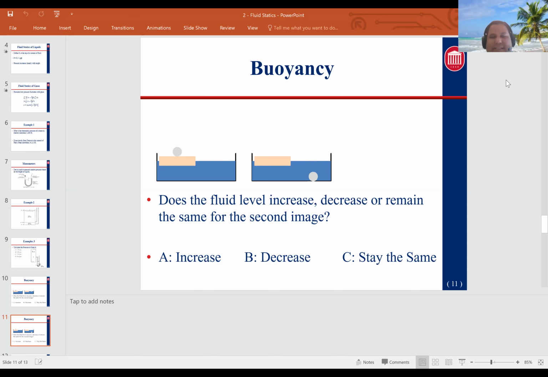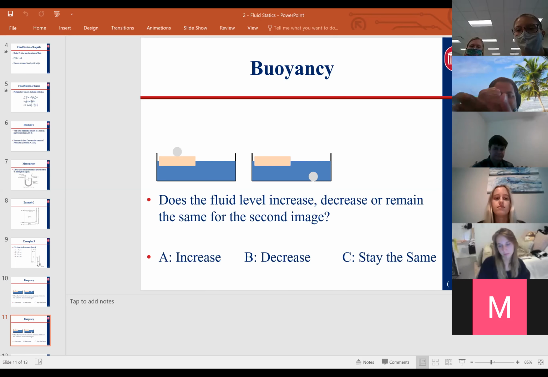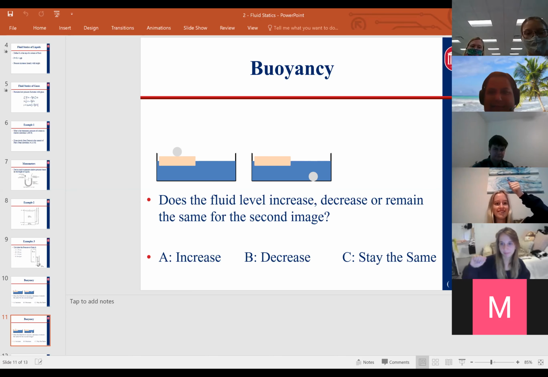Now, do we think the fluid level will increase, decrease, or stay the same? If you think it increases, throw up rock. If you think it decreases, throw up paper. And if you think it stays the same, once again, the tried and true scissors. All right, here you go. Rock, paper, scissors, shoot.